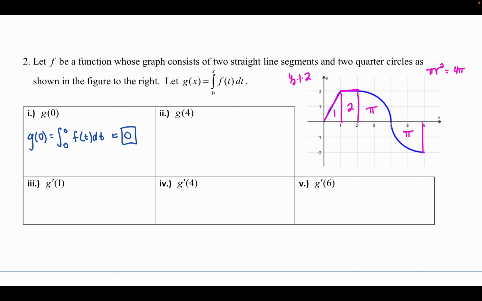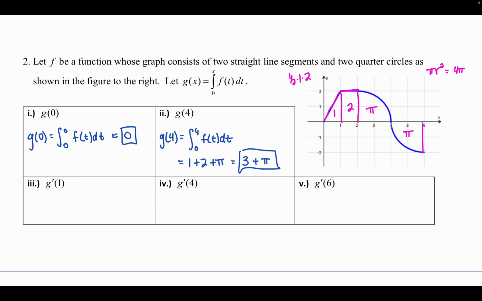If the upper and lower bound are the same, that means we're not actually finding any area. g of 4, however, is the integral from 0 to 4 of f of t dt. So that's going to end up being 1 plus 2 plus pi. So this is going to be 3 plus pi.